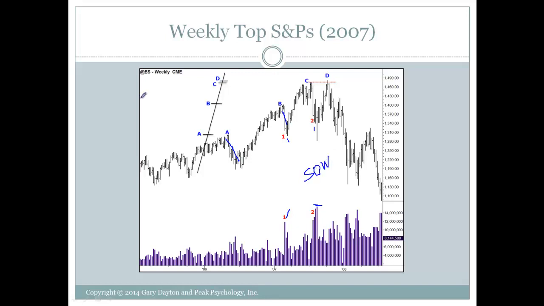We don't get an overbought market. We don't get a buying climax. What we get instead is shortening of the thrust with significant supply coming in. Okay? And then it's followed by an upthrust, a weekly upthrust.